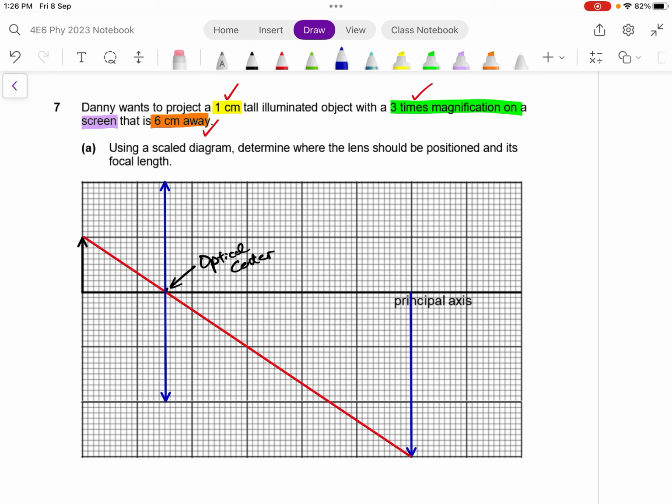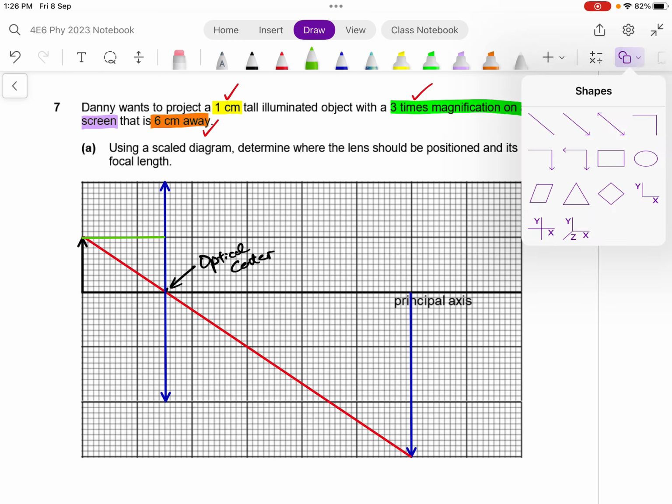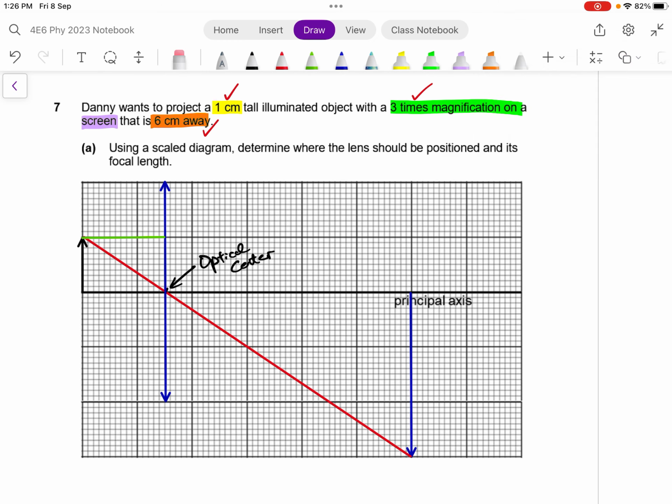Then the second rule of doing your ray diagram is, of course, get this horizontal line. Maybe I use red, maybe green, to show that it is another line. Then I know that when these rays strike the lens, there will be refraction. And by the design of the lens, the refraction will actually bend the ray towards the converging point.